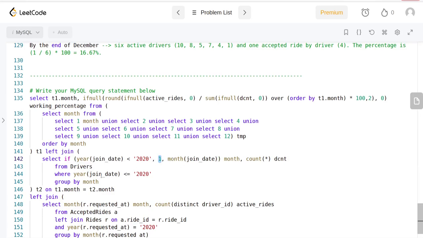Otherwise, the year needs to be less than or equal to 2020. We don't care about anyone joining in 2021 or 2022.